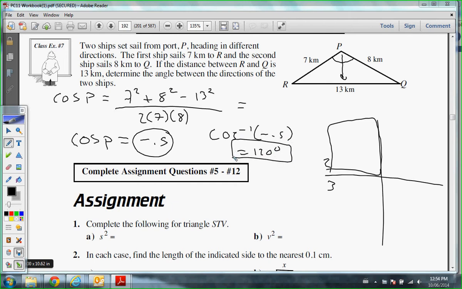Okay, real quick, Sarah, can you look on your unit circle and tell me, what is negative 1/2 in quadrant 2? For cosine, for x.